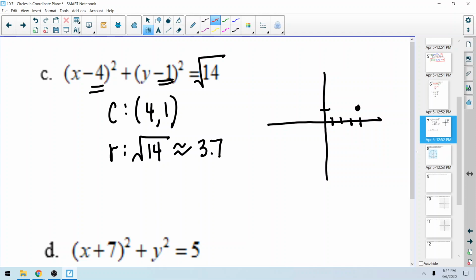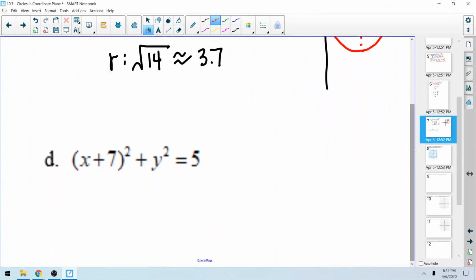So you go 3.7, so you go over 1, 2, 3.7, and then you would go up 1, 2, 3.7, and then you would go 1, 2, 3.7, and 1, 2, 3.7, and then you would draw the best circle that you possibly could, which I'm not very good at, and that's how you'll graph your circle.